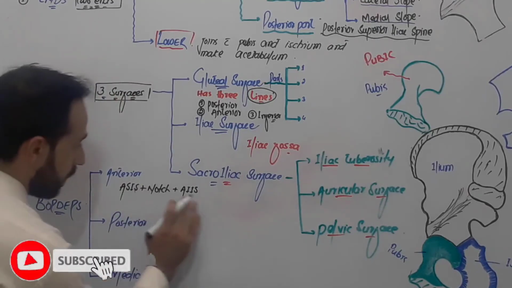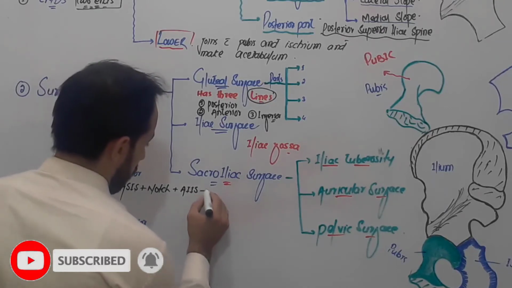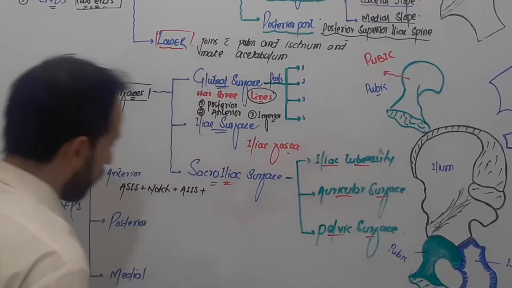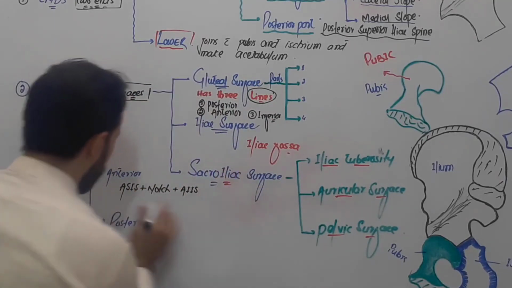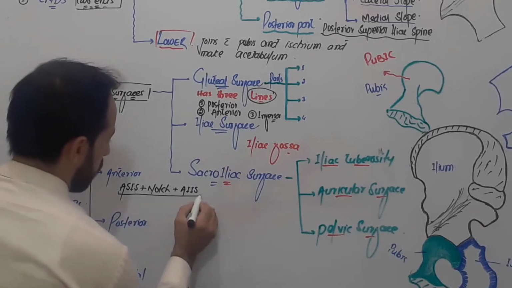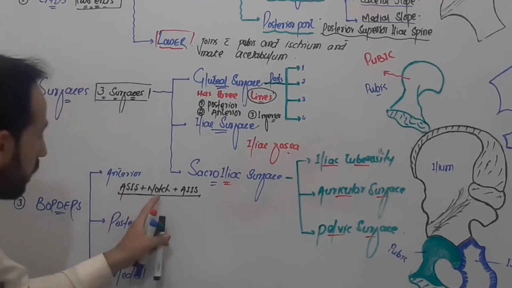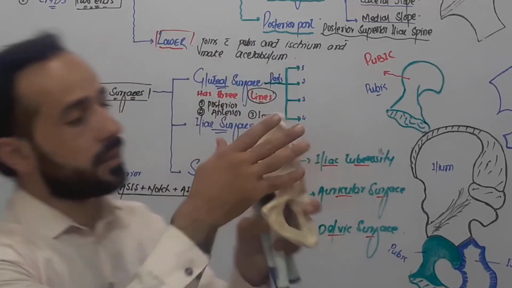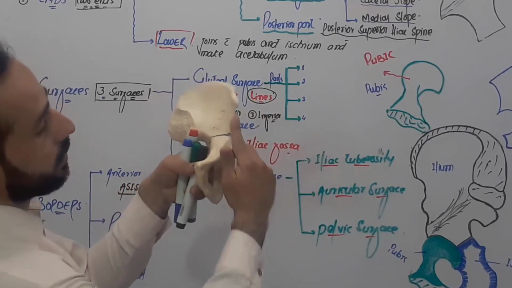And then with it we have another important point, and that is some part of the acetabulum. We will not write that, we just say that the anterior border is formed by the anterior superior iliac spine, the notch, and the anterior inferior iliac spine, which unite together and make the anterior border.